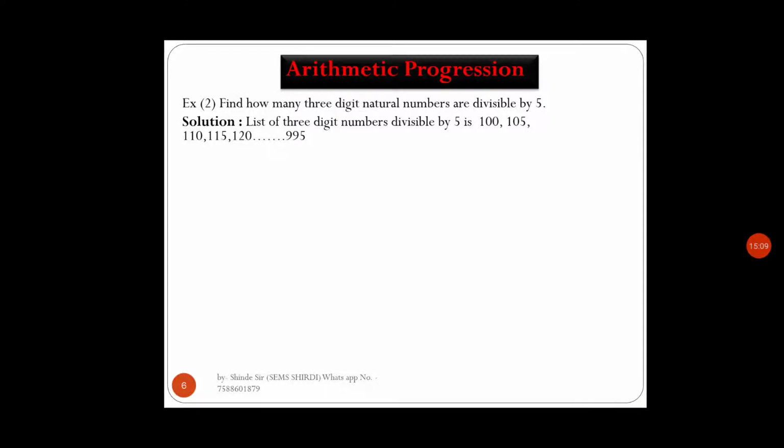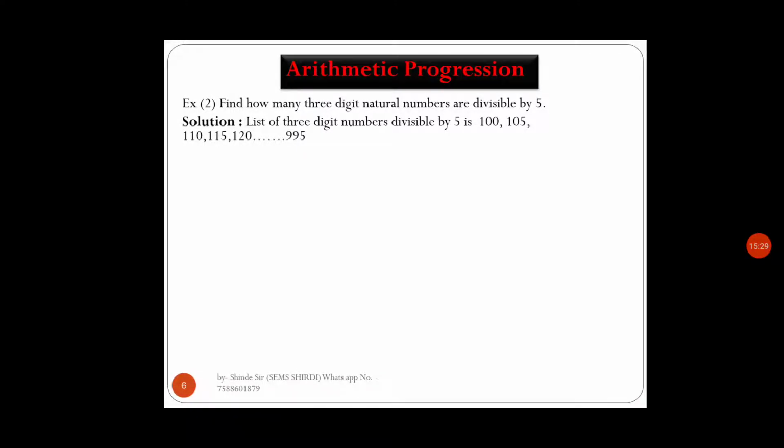first, the lowest. You know that the lowest 3-digit number is 100, and obviously 100 is divisible by 5. That's why the smallest 3-digit number is 100.